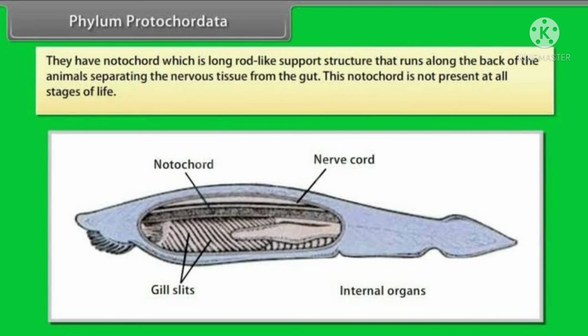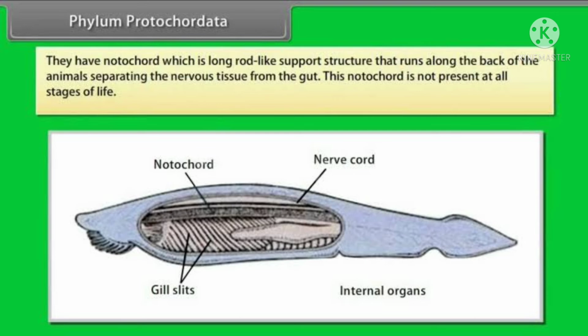Phylum Protochordata. Under this, the animals are bilaterally symmetrical, triploblastic and have a coelom. In addition, they show a new feature of body design, the notochord, at least at some stages during their lives. What is a notochord? A notochord is a long rod-like support structure that runs along the back of the animal, separating the nervous tissue from the gut.